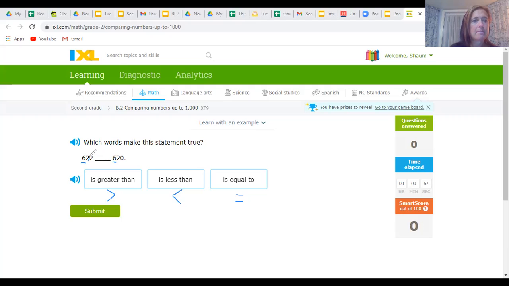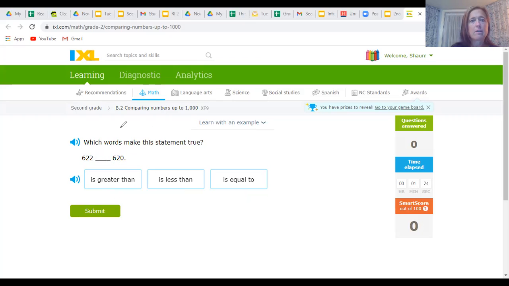Here's the 10, and here's the 10. They are both the same number, so then we have to go to the ones place. The ones place here is the number 2, and the ones place here is the 0. So of course, 2 is greater than 0, so 622 is greater than 620.